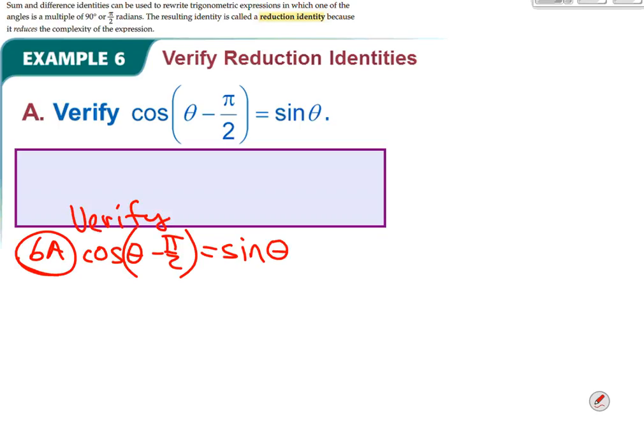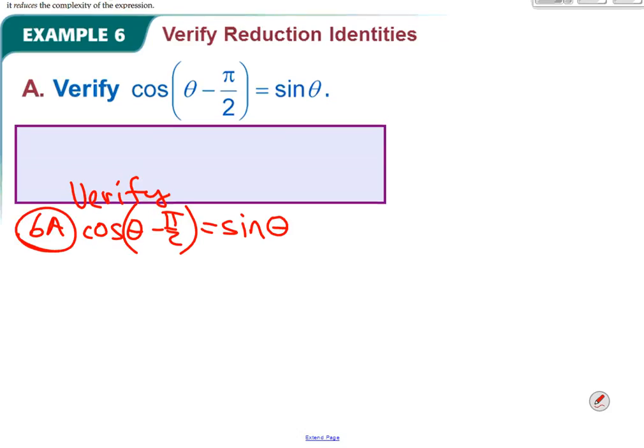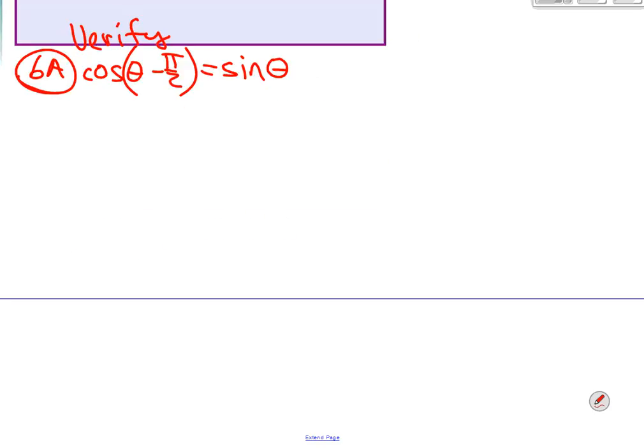So if we have to verify, the good news is they're telling us the answer. It's just that now we have to use this new formula that we have. And they're doing a lot of cosines right now.